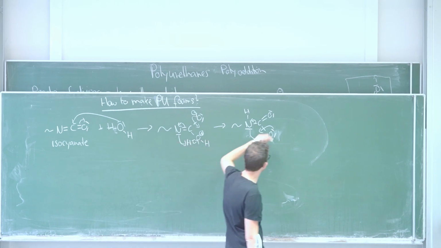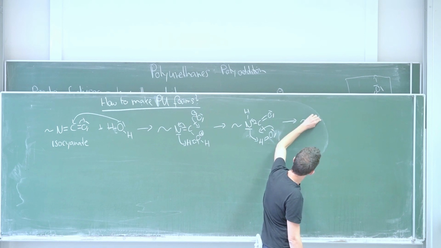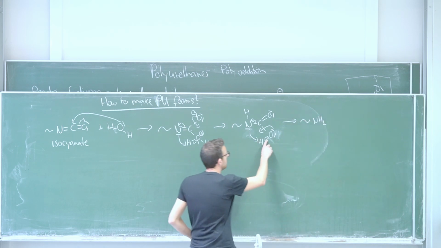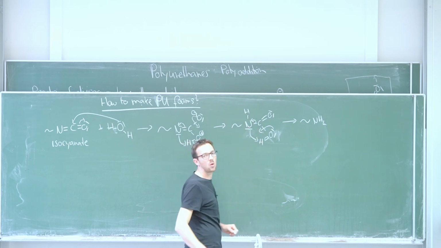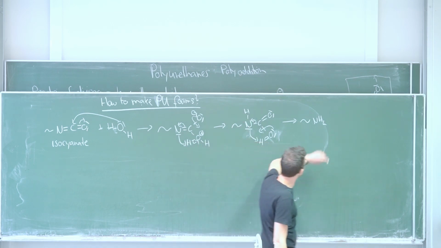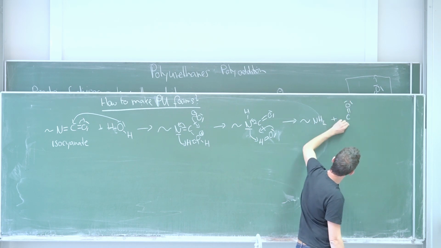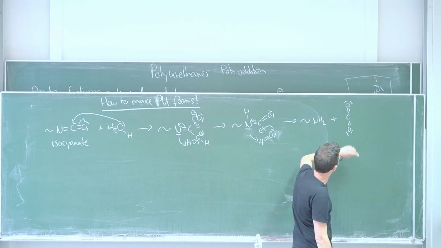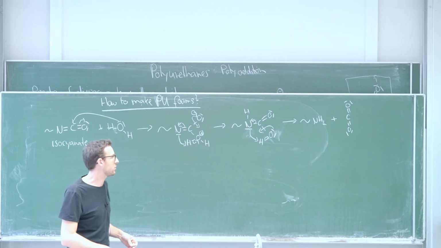Okay, so with this juggle, what we get is an NH2. Now again, you see this bond pretty much goes in here, this bond goes out, and the lone pair takes up the hydrogen. And we release CO2, which of course evaporates because it's a gas and drives the reaction.